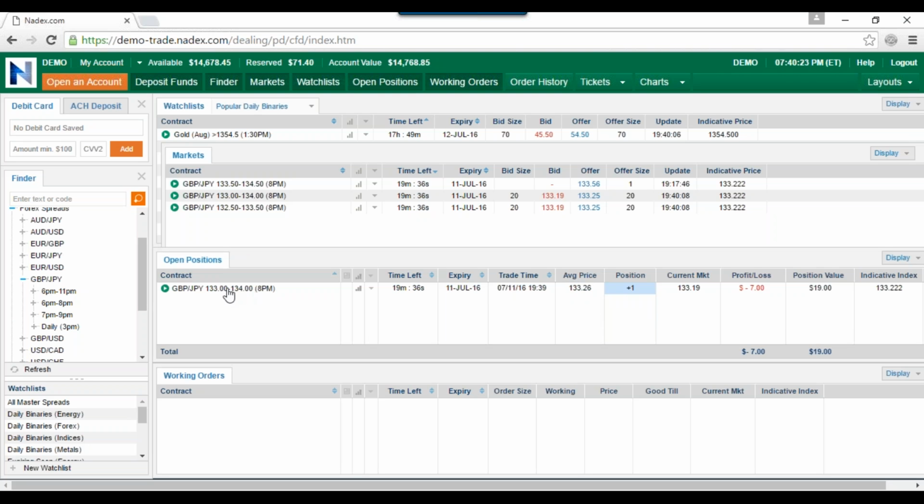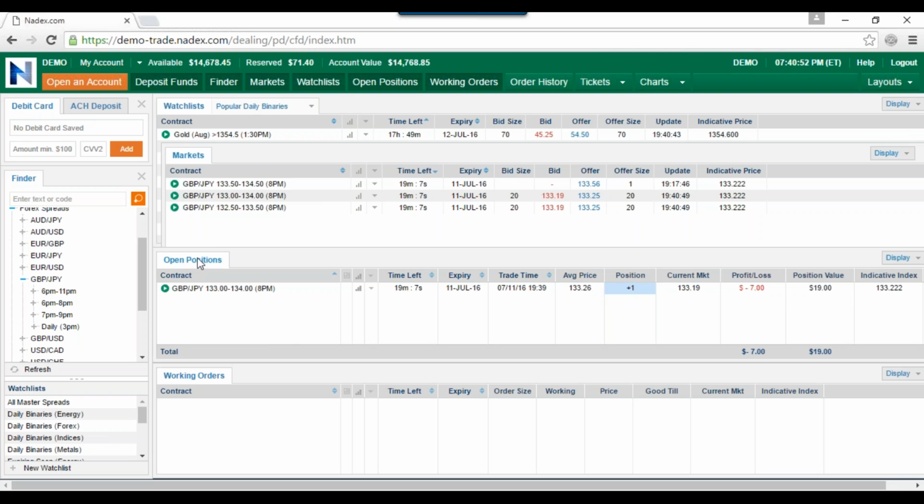Let's just say I want to make $50 on it. Well, if I bought it for 133.26, what would I need to make $50? I would need it to go up to 133.76, right? I would need the bid price here to get up to 133.76.